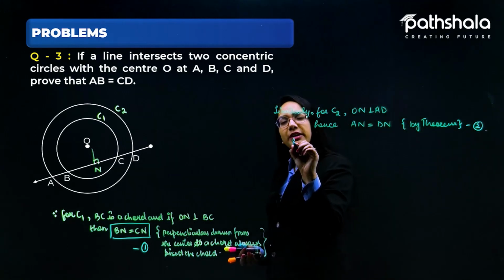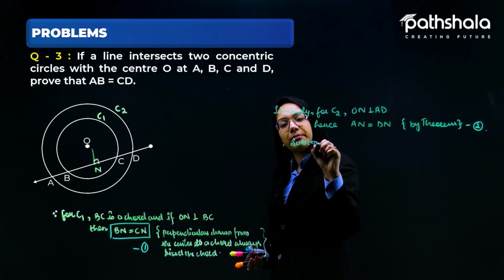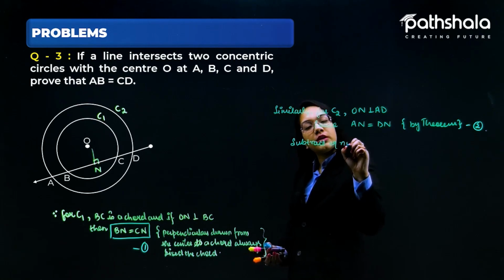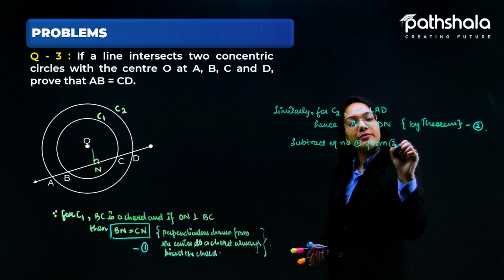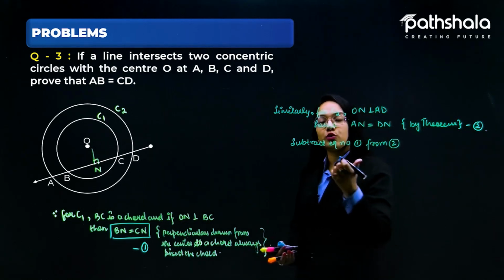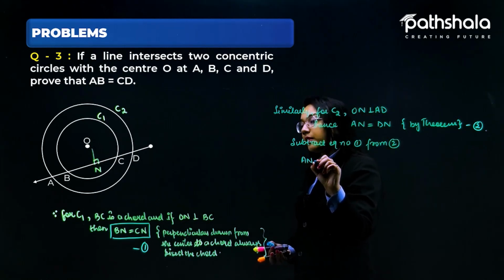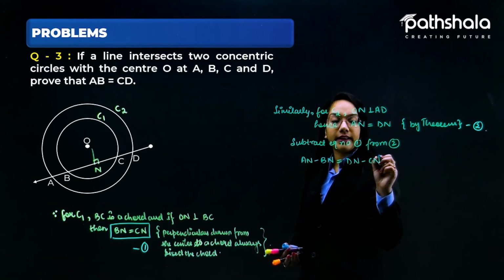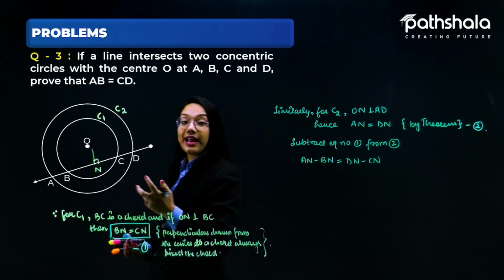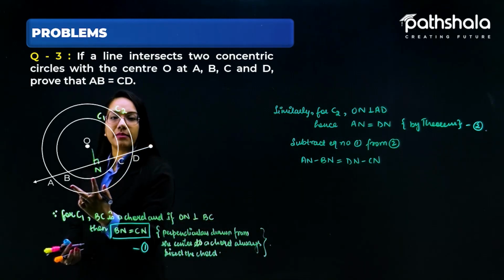So let's just subtract the two equations. I'm subtracting equation number 1 from 2. So we can say over here that we are getting AN minus BN, and DN minus CN. If I subtract AN minus BN, what is the meaning of AN? AN means this whole length, BN means this whole length.